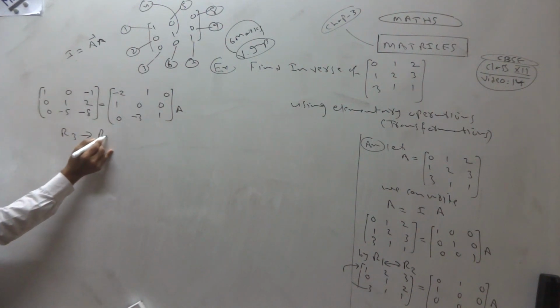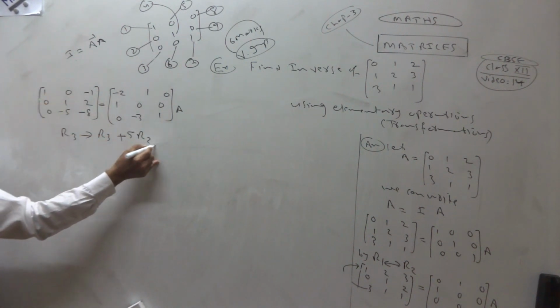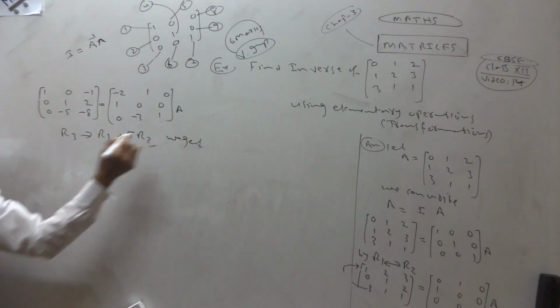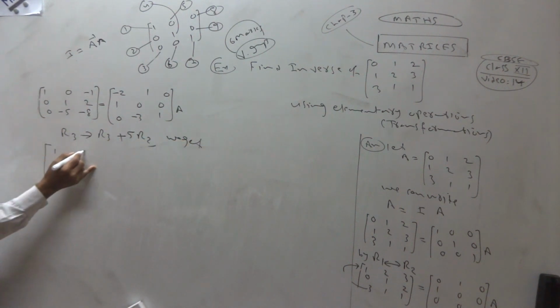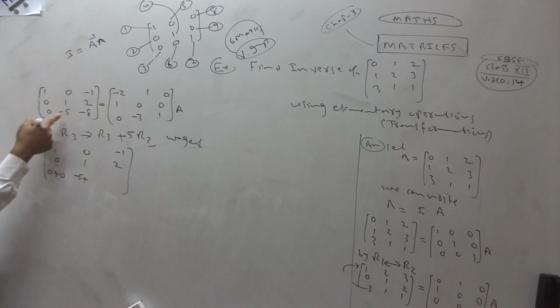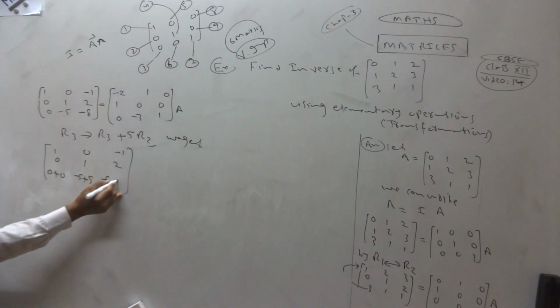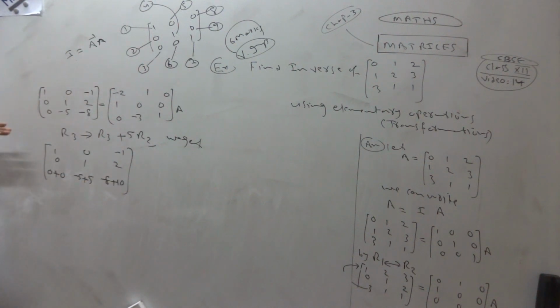R3 gives R3 plus 5 R2, because minus 5 plus 5 ones are 5. So now R3 will change: 0, 1, 2; 0 plus 5 times 0; minus 5 plus 5 ones are 5; minus 8 plus 5 twos are 10. Clear? R3 plus 5 R2.